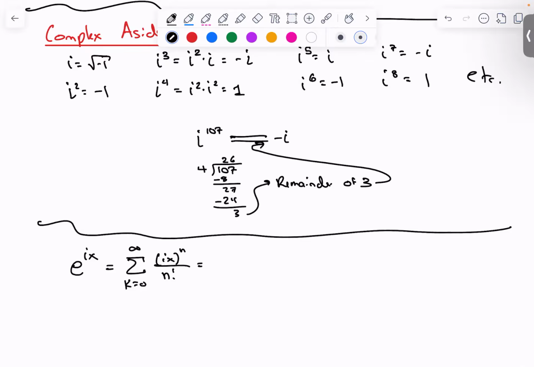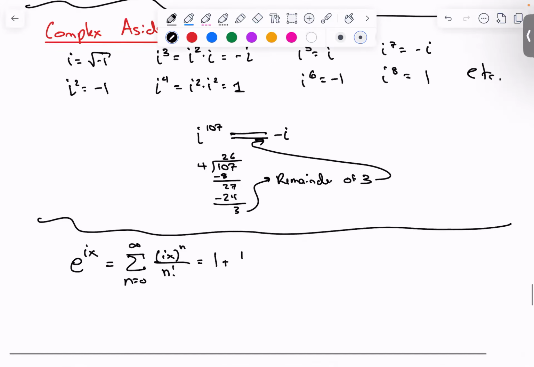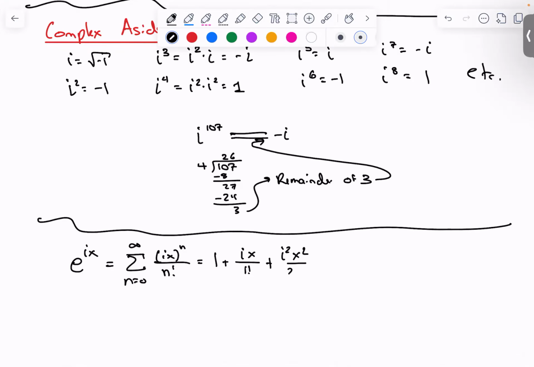When n is 0, it's just going to be 1. When n is 1, it's going to be plus ix over 1 factorial. Then it's going to be i squared x squared over 2 factorial. And then it's going to be plus i cubed x cubed over 3 factorial plus i to the fourth x to the fourth over 4 factorial plus dot, dot, dot, on and on forever. Right?